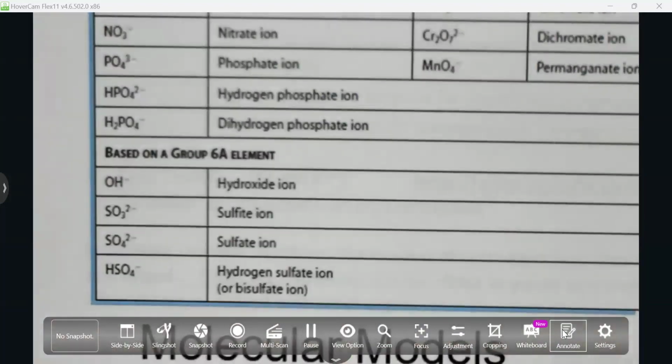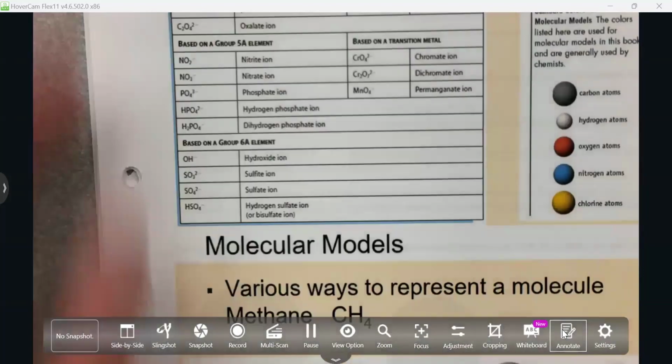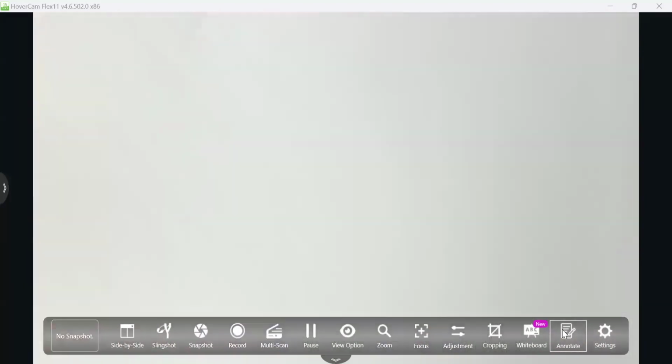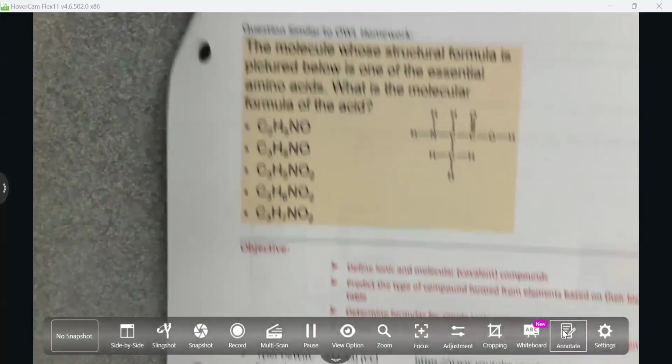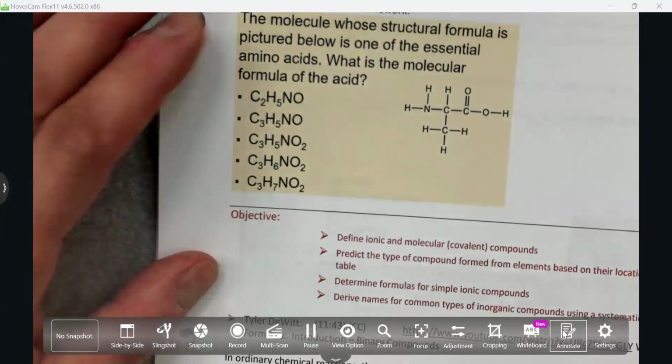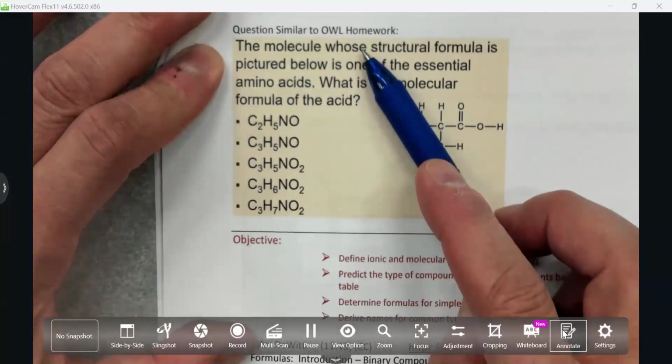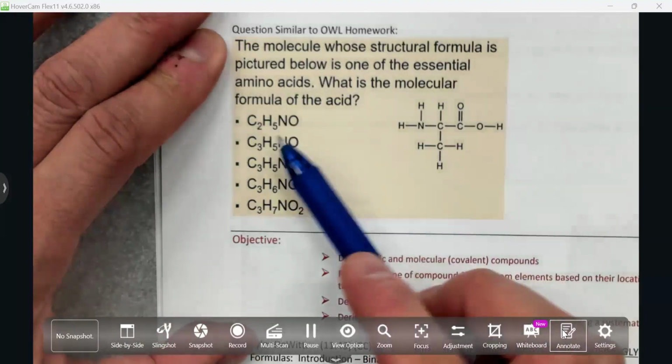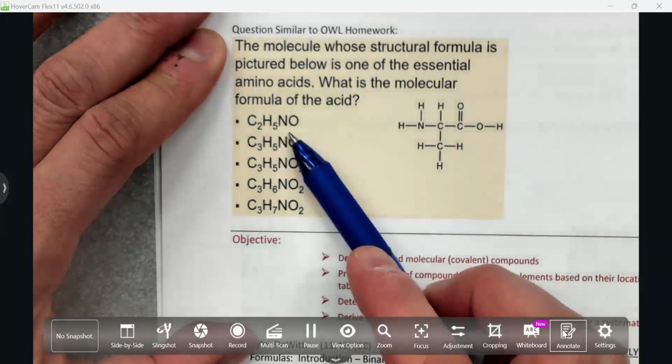So we're going to go back to writing formulas for compounds a little bit. Then I'll have you do a little bit here as well. This is a question similar to our homework. So we have C2H5NO.